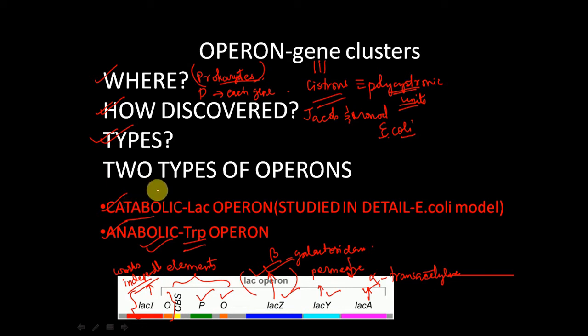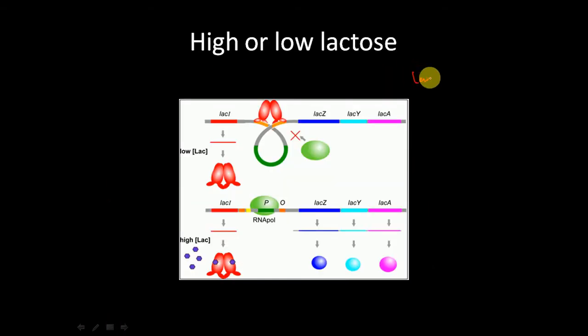Catabolic meaning catabolism. So in this case we will be looking at the lactose catabolism or degradation, degraded into glucose and galactose. Your anabolic or tryptophan operon model will focus on the study of tryptophan production. So we are looking at Lac Operon.